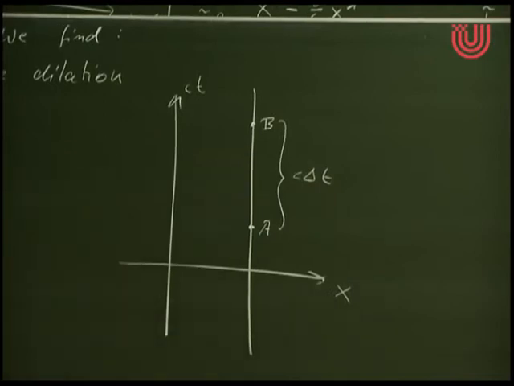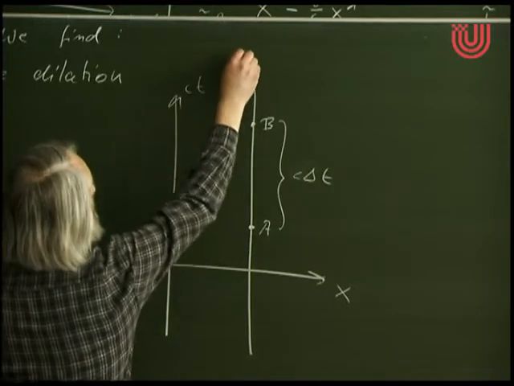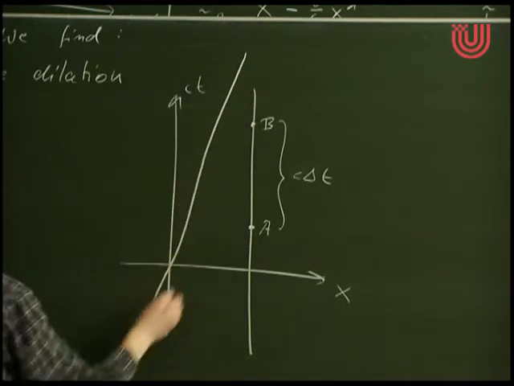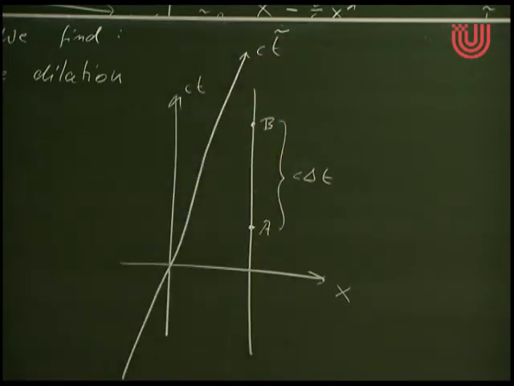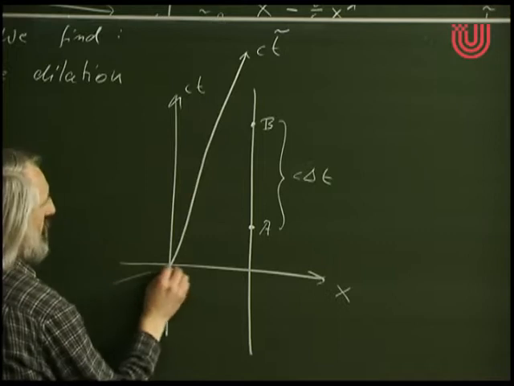And what's the time difference of these two events in another frame? So if I now change to another inertial frame, here I have ct tilde, then I have an x tilde axis here.